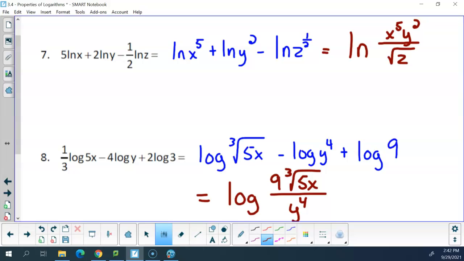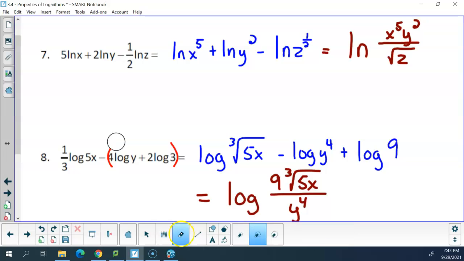I get the log of, on the top, 9 times the cube root of 5x, in the denominator, y to the 4th. Now, if we put a set of parentheses right there, then that 9 is downstairs.